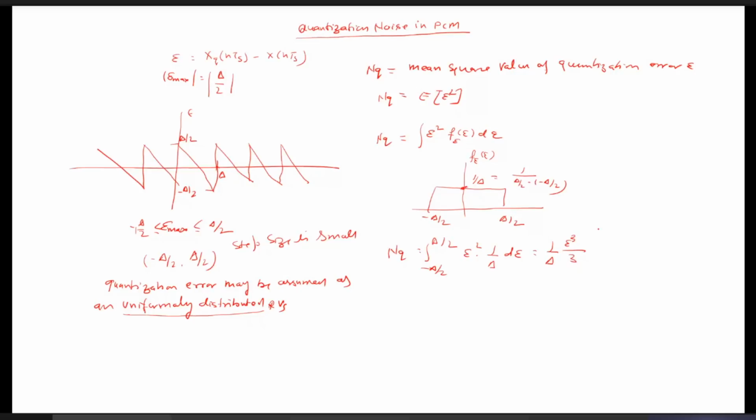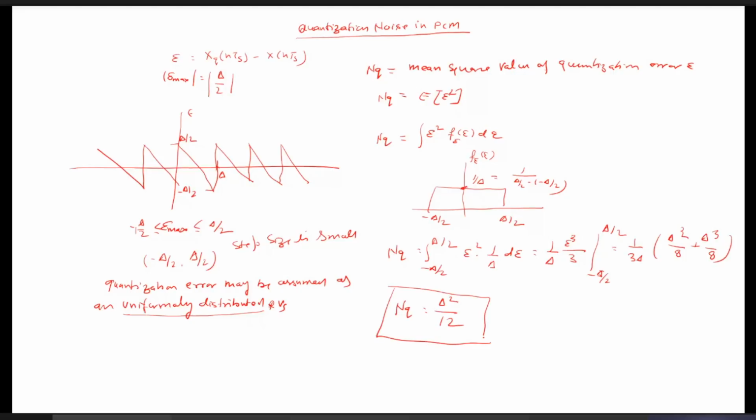The limits will be from minus delta by 2 to delta by 2. And its value will be 1 upon 3 times delta cube by 8 plus delta cube by 8, and it will come out to be delta square by 12.